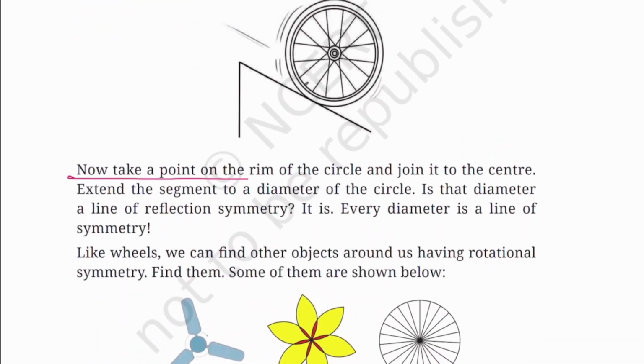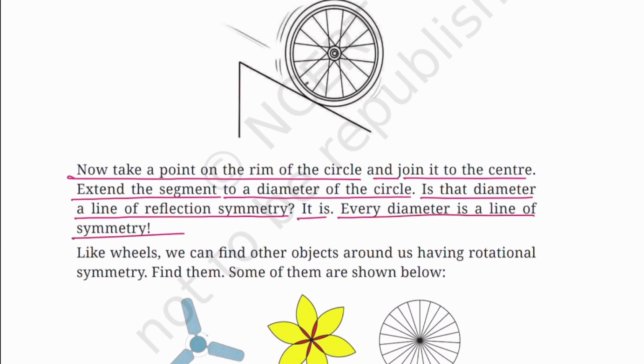Now, take a point on the rim of the circle and join it to the center. Extend the segment to a diameter of the circle. Is that diameter a line of reflection symmetry? It is. Every diameter is a line of symmetry. If you draw any line passing through the center, it will be a line of symmetry.